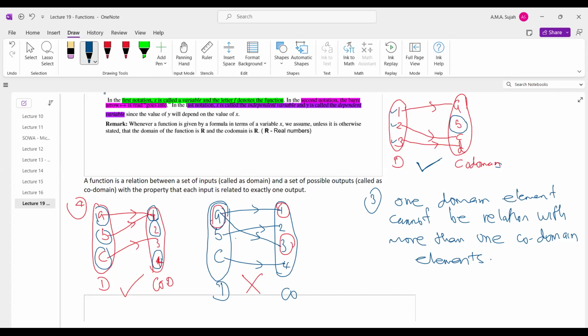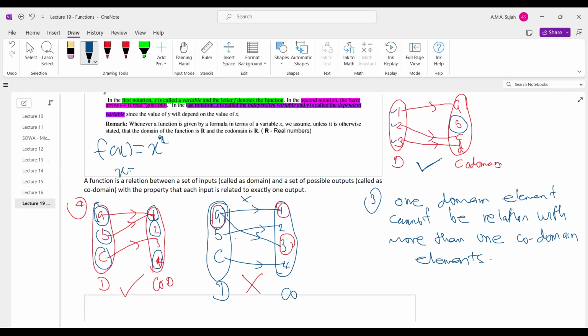One input having two output values is not possible, and that is not a function. But if you look here, two inputs have the same output. That is possible. Just think about f(x) = x squared.